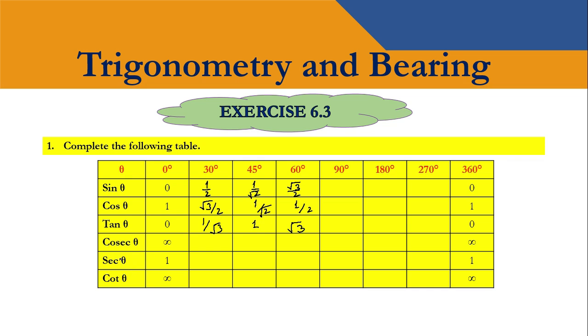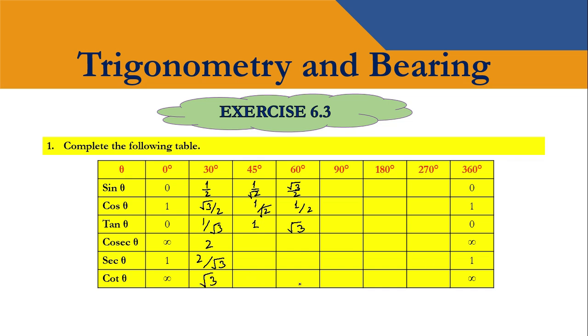Now these three ratios are the reciprocals of the above ratios. So cosecant theta is the reciprocal of sine theta, 1 over 2, which is 2. Secant theta is the reciprocal of cos theta, which is 2 over under root 3, and cotangent theta is the reciprocal of tan theta, so it equals under root 3.